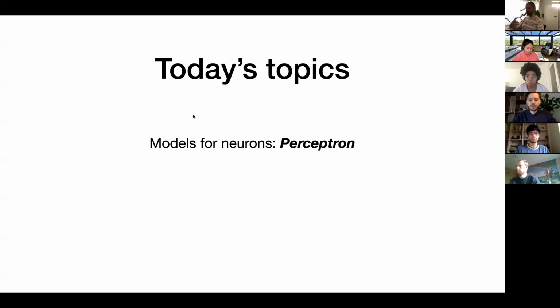We talked about this before. If you have a model of something, of course, that model is going to be a simplified version of the reality. But I really want to highlight the biological complexity behind biological neurons, so that we can better understand what exactly the perceptron tries to focus on.